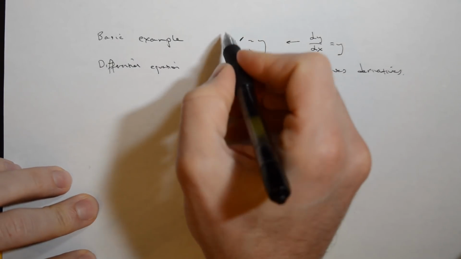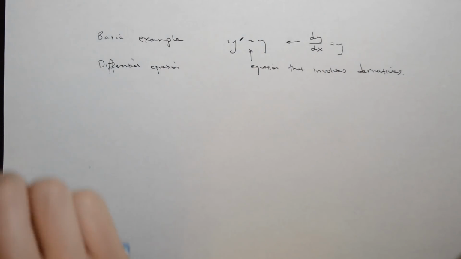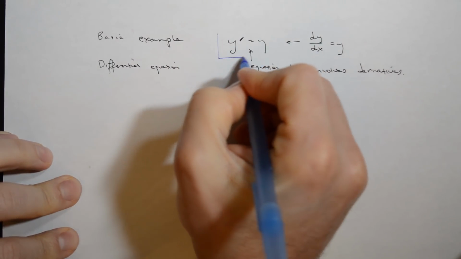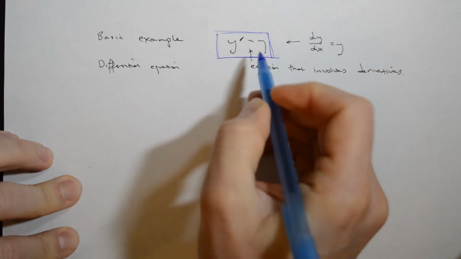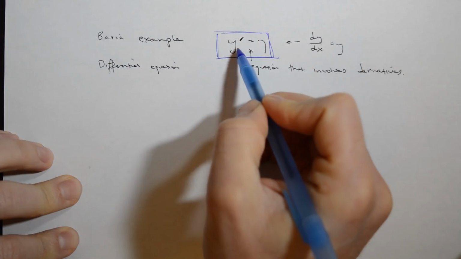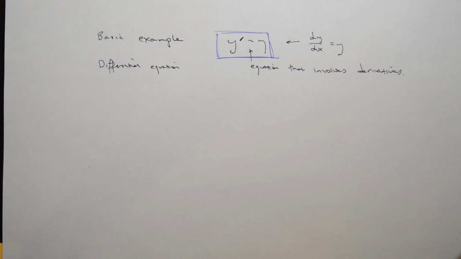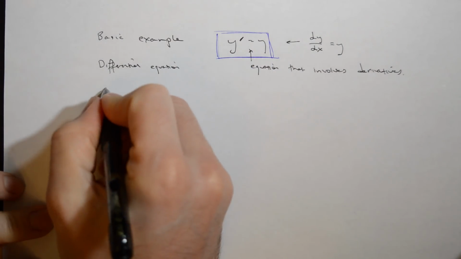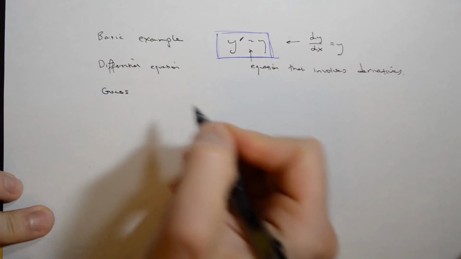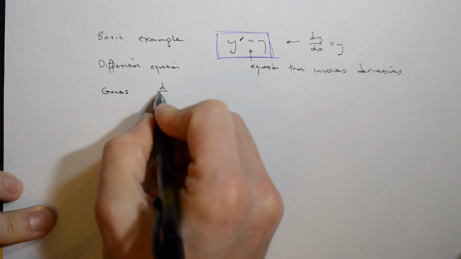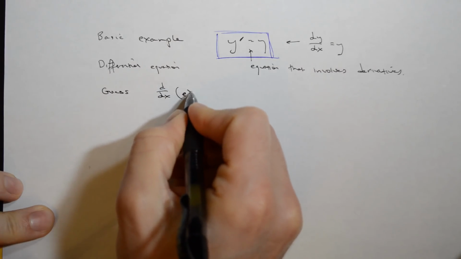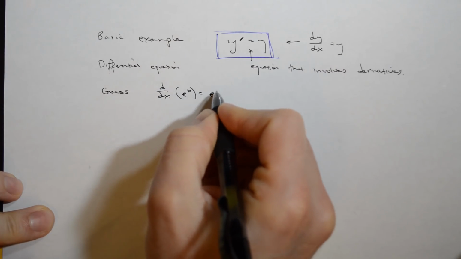So can you think of a function y of x that solves this differential equation y prime equals y? So just think about it. Can you think of a function whose derivative is equal to itself? If you spend a little time recalling your differential calculus, you'll recall that d dx of e to the x is equal to e to the x.